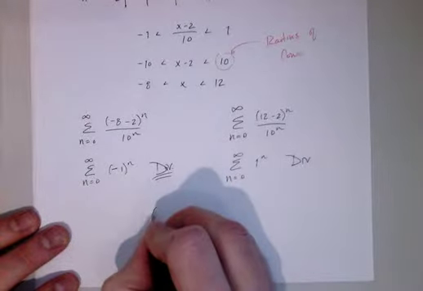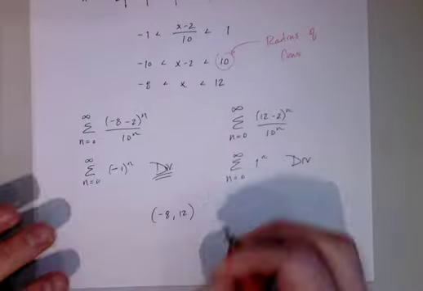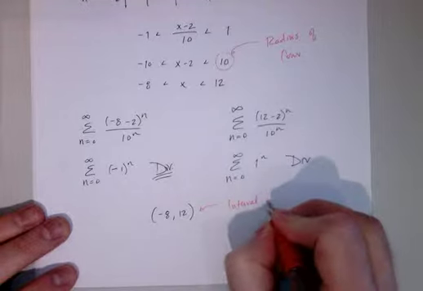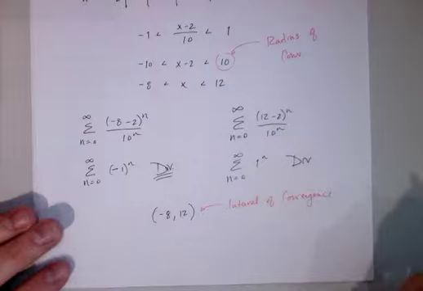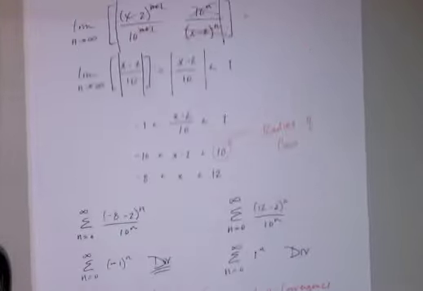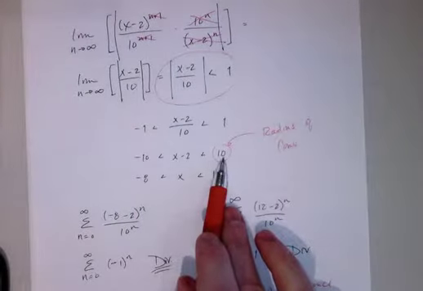You can write -8 to 12 in interval notation or whatever. This right here is my interval of convergence. So when we are presented with a power series, we need to apply the ratio test and figure out, based upon this relationship, what our radius is.